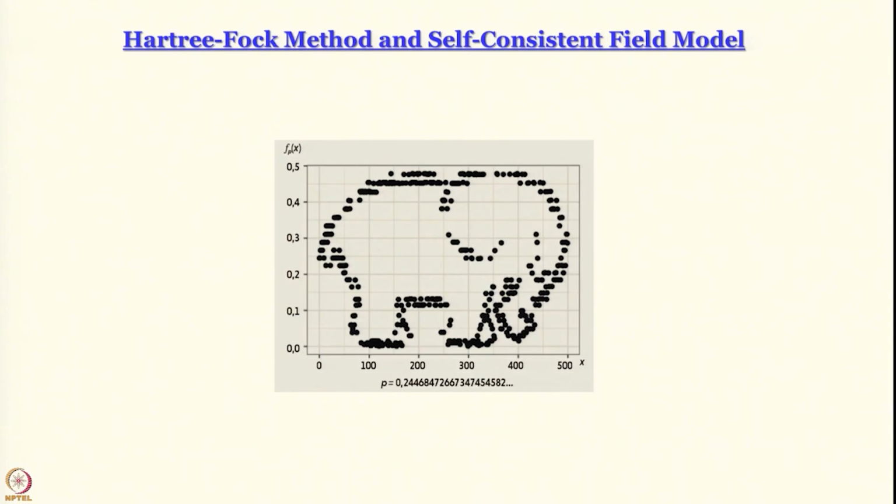Next day we will also learn that the Hartree-Fock method uses something called a self-consistent field model. Very exciting, challenging, and it opens up the field for addressing more complicated problems like molecules at a later time. That is what we are going to discuss in the next couple of classes.